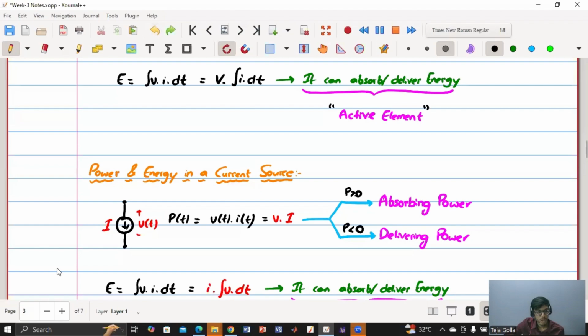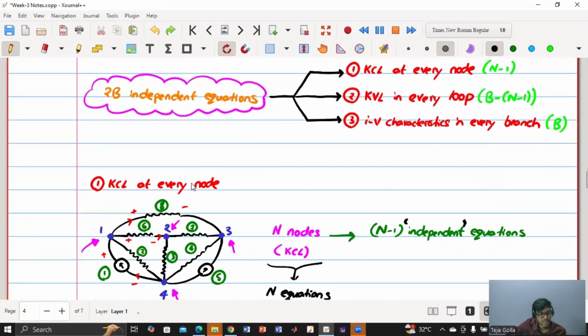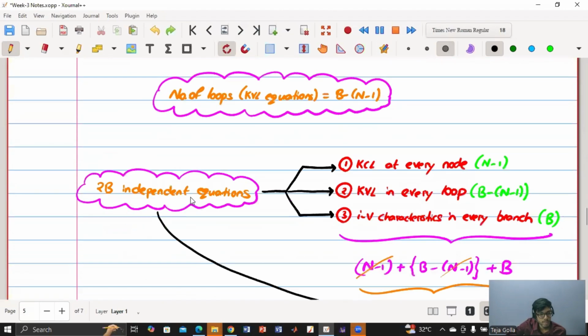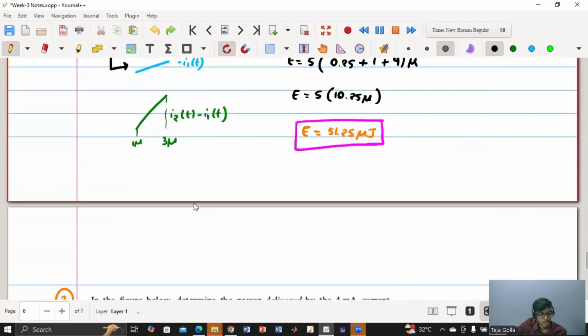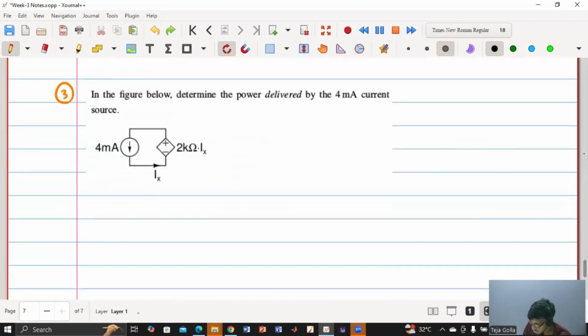Yeah. So now, if a current source is delivering power, then what should be the polarity of the current? If a current source is delivering, it means it is supplying the current, and also it should have a positive voltage, right? Here they have given the current in the downward direction. So the current source is like this.